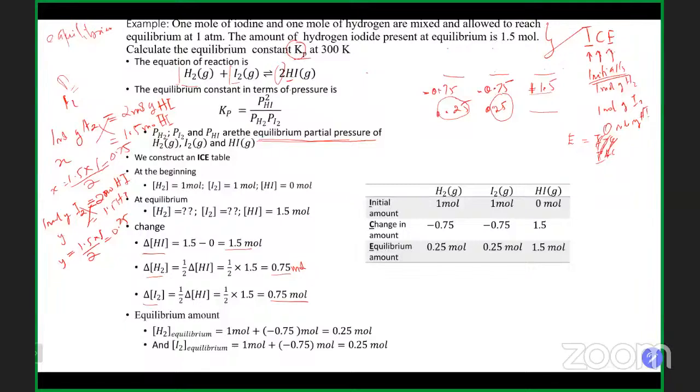So now let's calculate our equilibrium amount. Always calculate Kp at equilibrium amount. So the equilibrium amount is 0.25 mole, 0.25 mole, and 1.5 mole. Bringing this to a different slide.